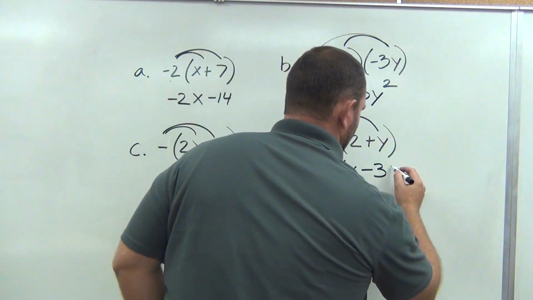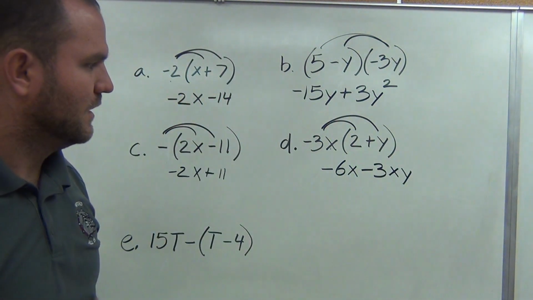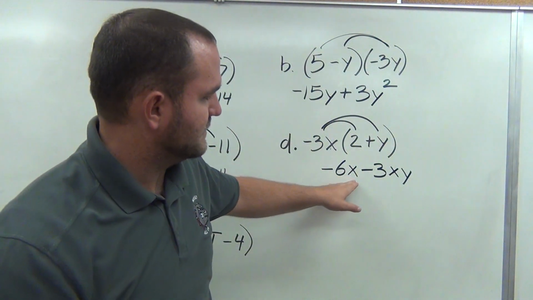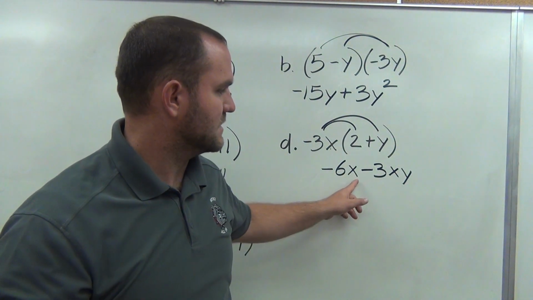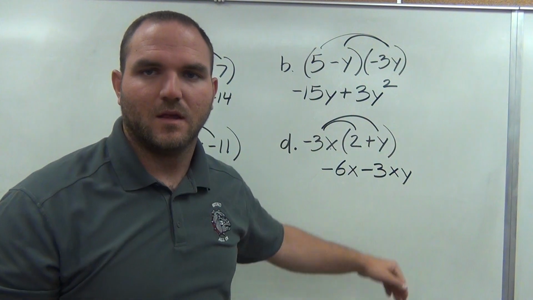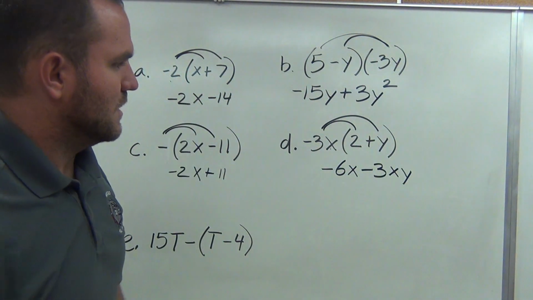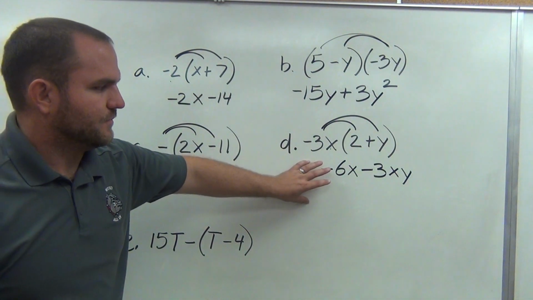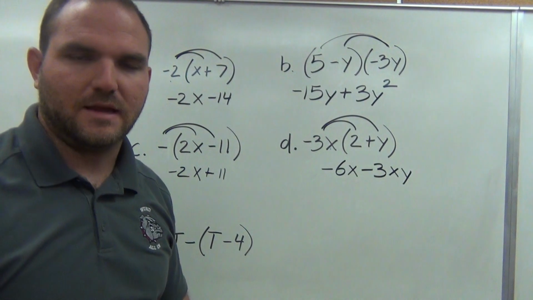All you have to do is put the x and y there. Now, this has an x and this has an x, but they are not the same term because this does not have a y and this one does. You cannot put those two together. So you would be done at this point with your distributive property, and that would be the end of the answer.